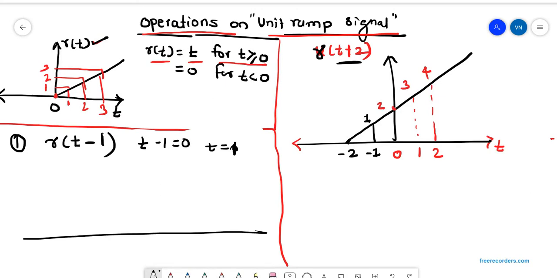How to shift? I have to shift that signal by plus 1. The signal that was starting from 0 will start from 1, because it's a plus 1 shifting.